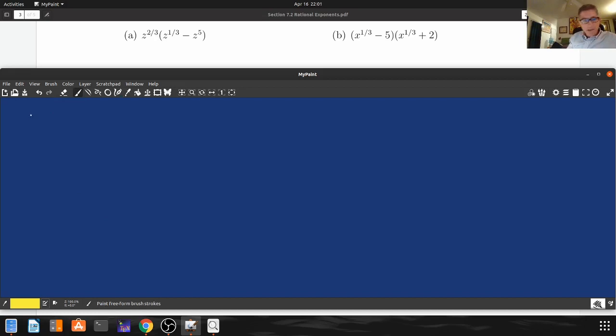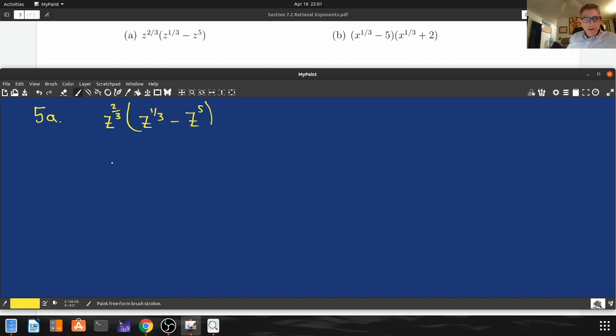So this is 5a. So that's z raised to the 2/3 times z raised to the 1/3 minus z to the 5th.